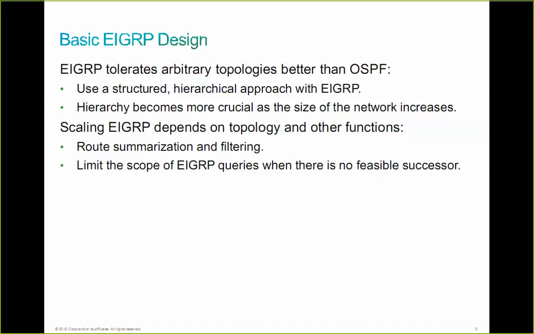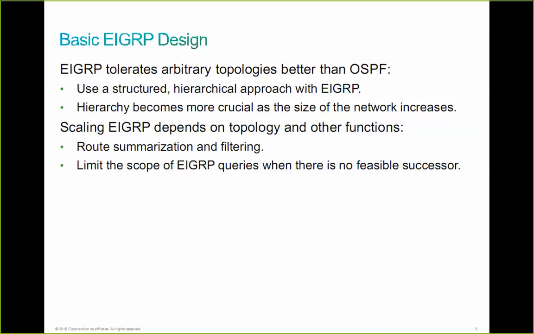Now, we're going to look at some examples in this lesson and throughout this module. It's going to be focused primarily on IPv4, but just like with OSPF, EIGRP, IS-IS, the IPv6 concepts are exactly the same. The principles are the same, the algorithms are the same, the math is the same.